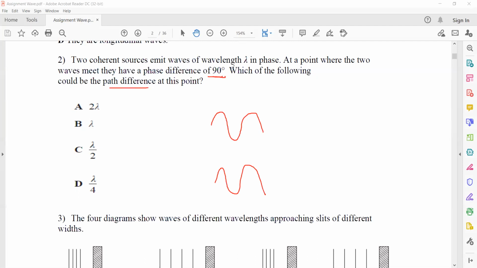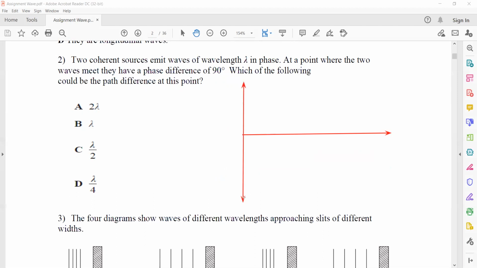If the phase difference is 90 degrees, say we represent two waves to show that they have a phase difference of 90.